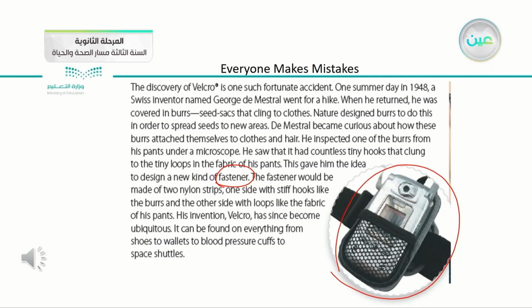For example, when you get in the car, you use the seat belt to tie you to your seat. We fasten the seat belt. The T here is silent. They discovered how the fastener works, so they came up with the idea of the fastener.